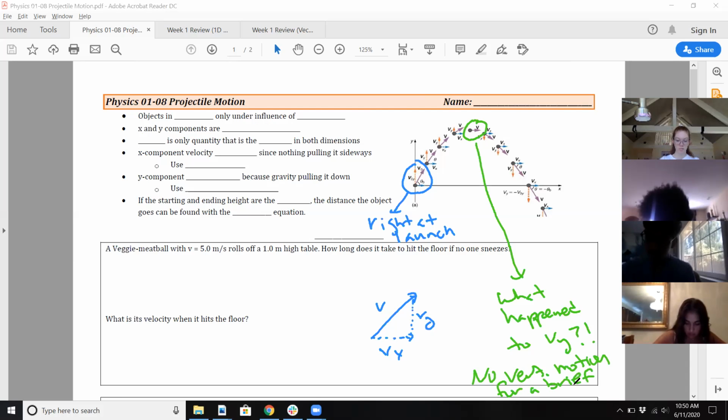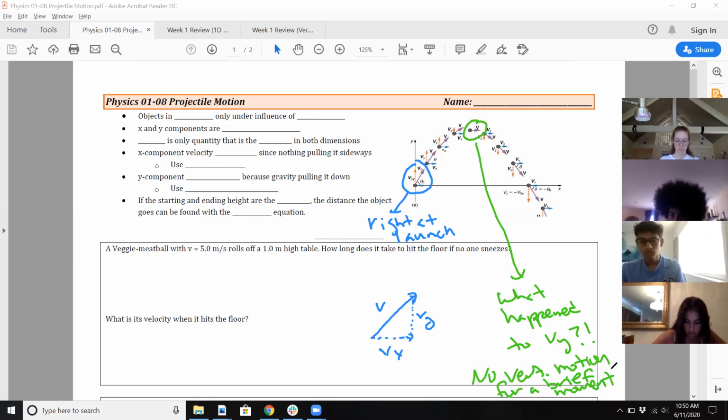For a brief moment, there's no vertical motion. Remember, what are we studying here? We're studying motion. Kinematics is purely about motion. At its peak, it's stalled for not even a second, but it is stalled for a little bit. So there's no velocity in the y direction.